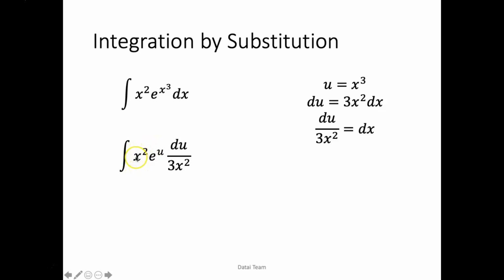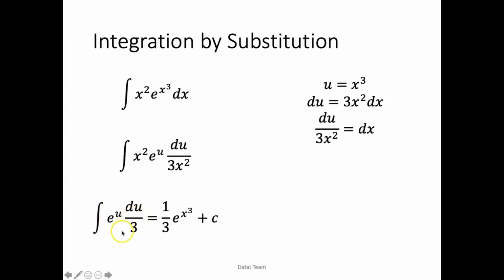We don't do anything with it. Instead of x cubed, we put u. Instead of dx, we substitute du over 3x squared. And as you can see here, this x squared is cancelled out with this x squared. So we just get the integral of e to the u du over 3.